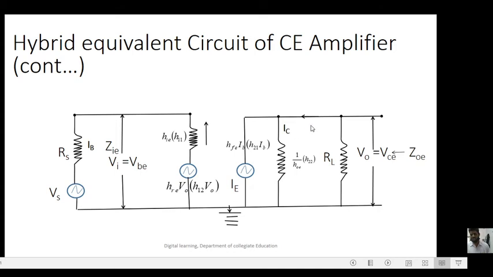Here IC is the collector current which flows from the battery VCC in the CE amplifier. RL is the load resistance. So we can measure the output voltage V0 equal to VCE, and ZOE is the output impedance. So therefore this is the complete diagram of the hybrid equivalent circuit of a CE amplifier.